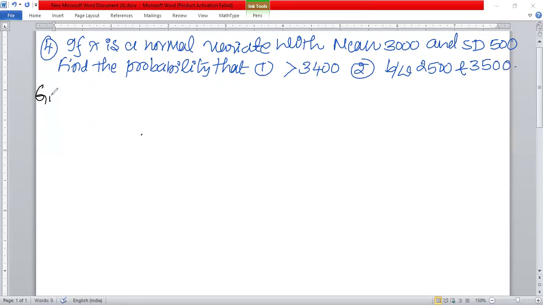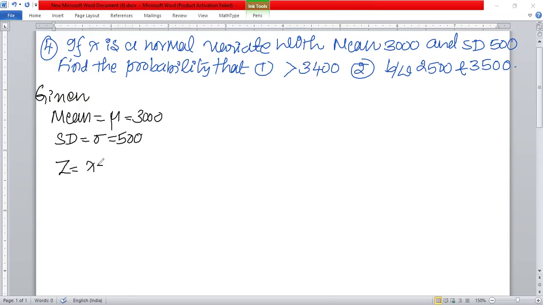Okay, go for given. So mean mu is equal to 3,000. Standard deviation sigma is 500. So Z is equal to x minus mu by sigma, therefore x minus 3,000 divided by 500. Now, first question, more than 3,400.